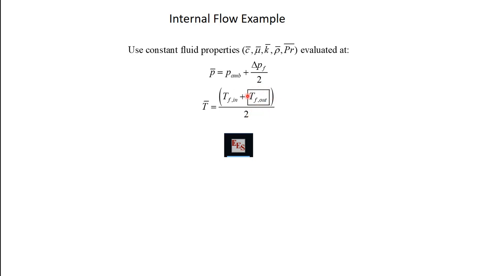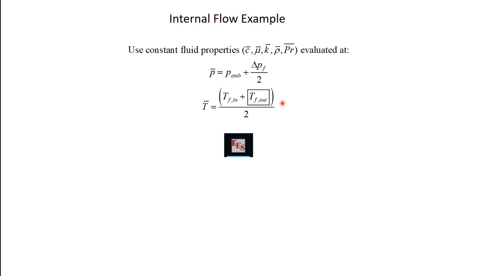And here we do run into an issue, which is I don't know what that outlet fluid temperature is. So this is a case, like in almost every heat transfer problem, where you're trying to evaluate properties using temperatures that you don't know until you actually solve the entire problem. The best way to go any time you run into this kind of situation is not to wait until you solve the entire problem to hit solve, but rather, at this point right here, to make a guess for the outlet temperature, or a guess for the mean temperature, and proceed using that guess.